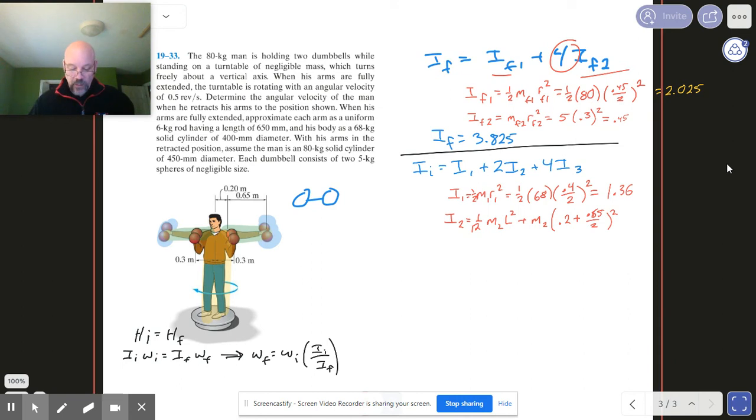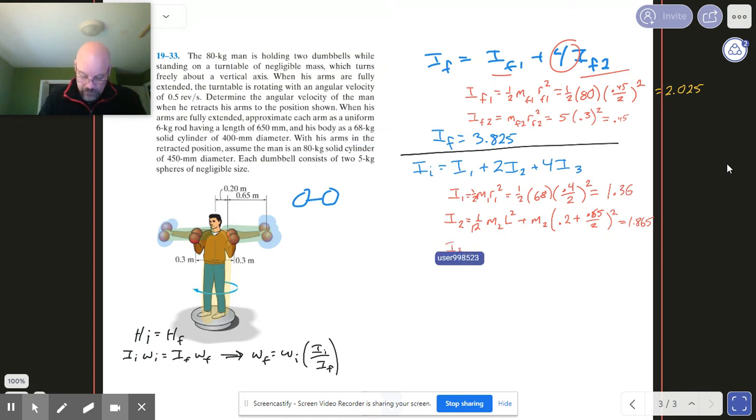Once you run all of those numbers, the mass is just 6, and what you get is 1.865. Again, that moment of inertia of the 6 kilogram object is significantly higher than for his whole torso, which has a mass of 68. But it's out there further from the axis of rotation, and that's what happens. It goes as r squared.